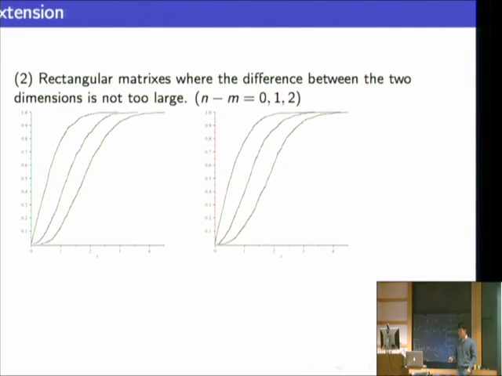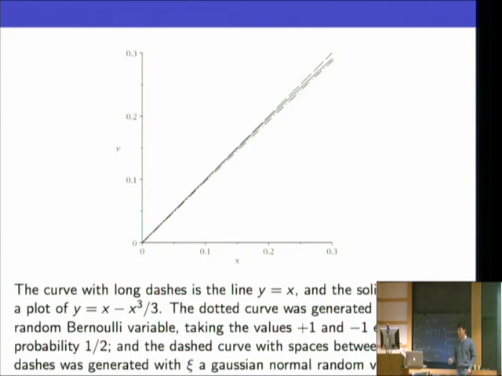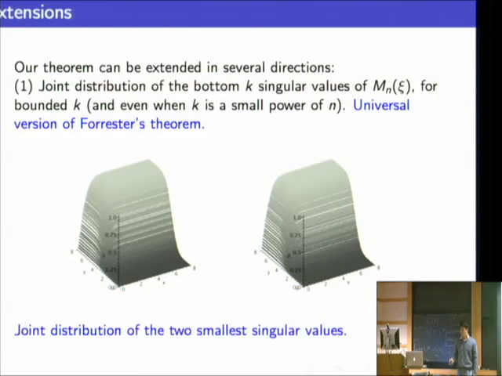Yeah, and so there's also some experiments. The theorem also holds if we talk about the joint distribution of not just the least, but the bottom k singular values. So we want the joint distribution of the least and the next-to-least singular value, or even n to the epsilon singular values.